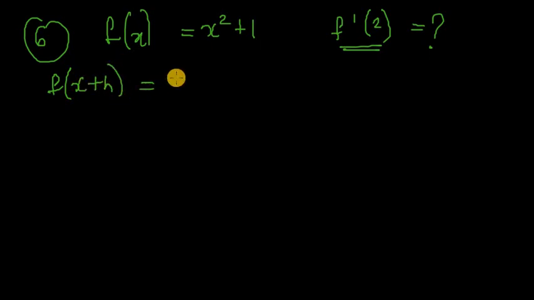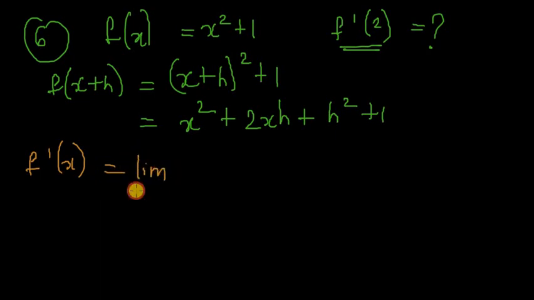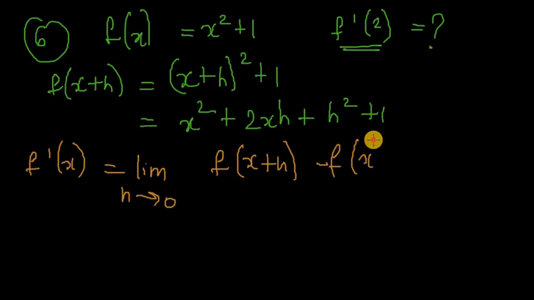So what is that? x plus h whole squared plus 1, which is x squared plus 2xh plus h squared plus 1. So let us use first principle now. What is first principle? f dash of x is equal to limit h tending to 0 f of x plus h minus f of x upon h.